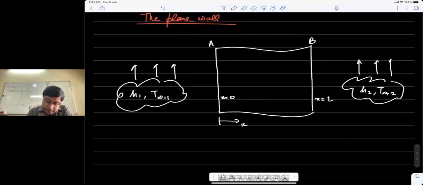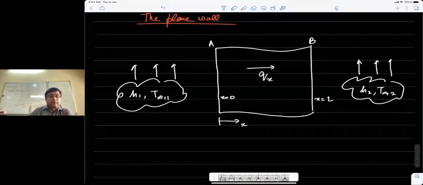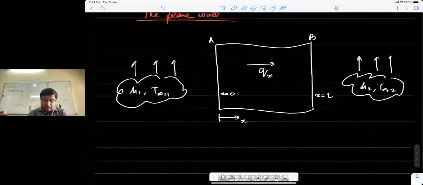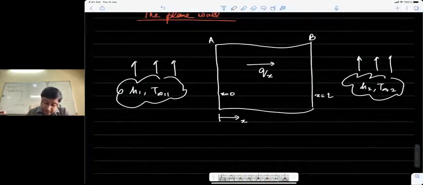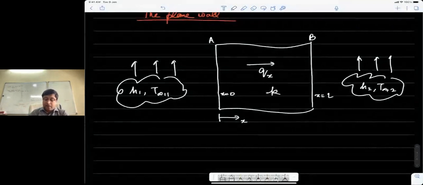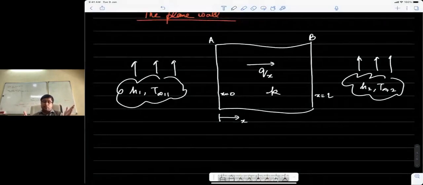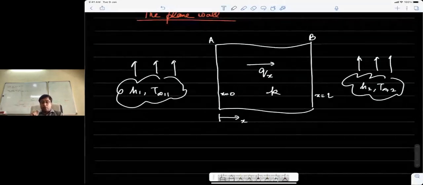What we are keen on quantifying is the rate at which heat transfer happens through the slab. Let me also define that the slab has some thermal conductivity k. Given the dimension of the slab, maybe the cross-section area too, and the properties of the fluids on the two sides, so h1 and T infinity 1 are known, h2 and T infinity 2 are known, and the thickness of the slab is given, what is the rate of heat transfer through the slab?